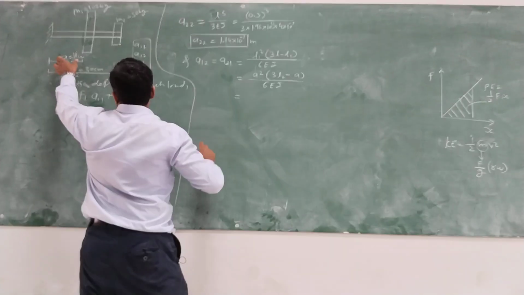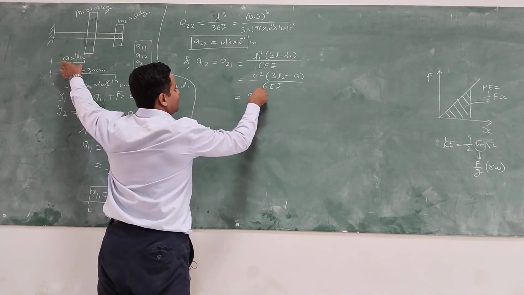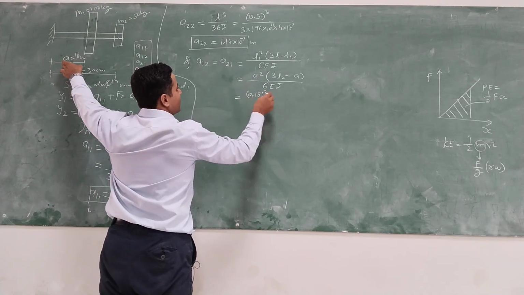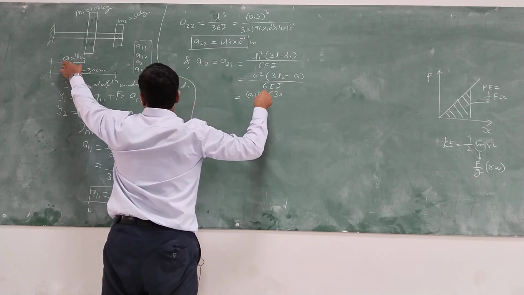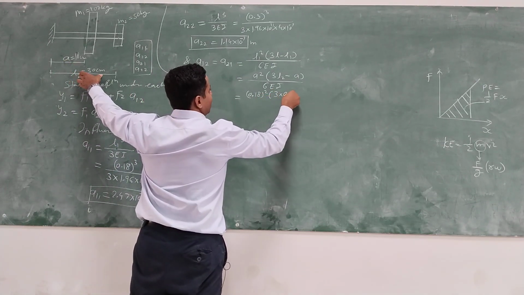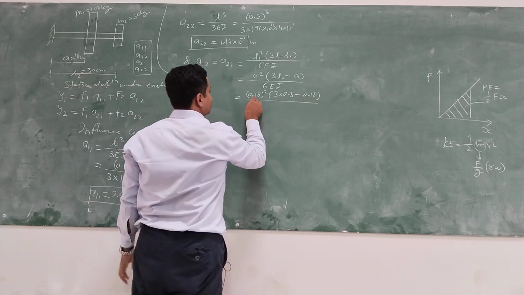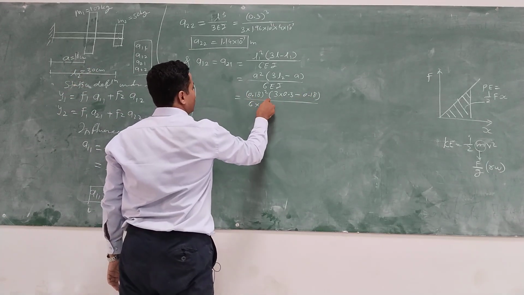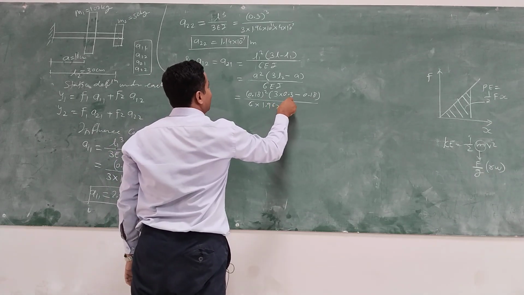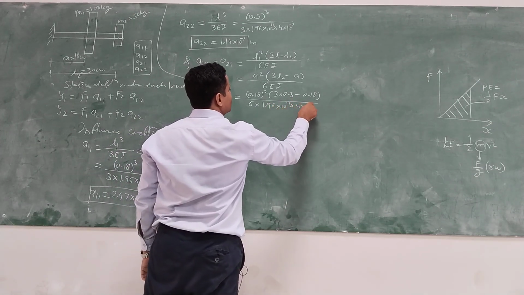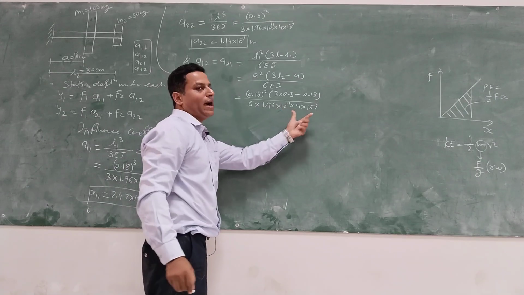Now we'll put A is 0.18 square, 3 into L2 0.3 minus 0.18 divided by 6 into E 1.96 into 10 raised to 11 into I 4 into 10 raised to minus 7.